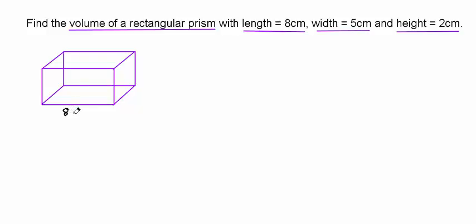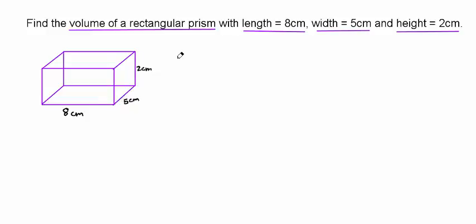So we have 8 centimeters, 5 centimeters, and 2 centimeters. These two sides have different numbers on them, but they look to be the same size. That's the reason why I said I have not been able to draw this picture to scale.